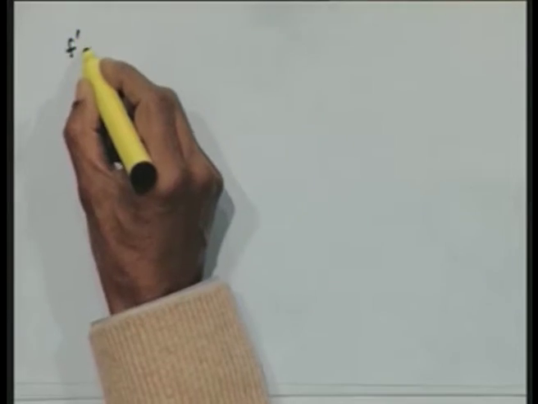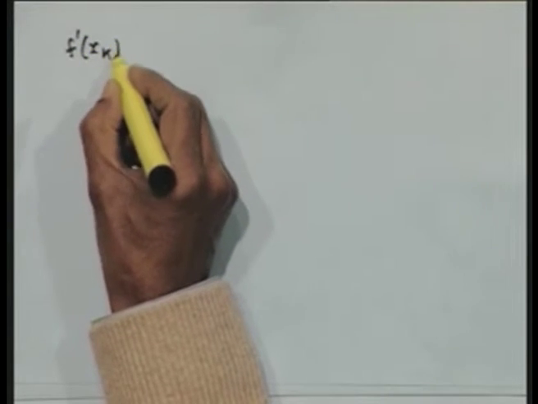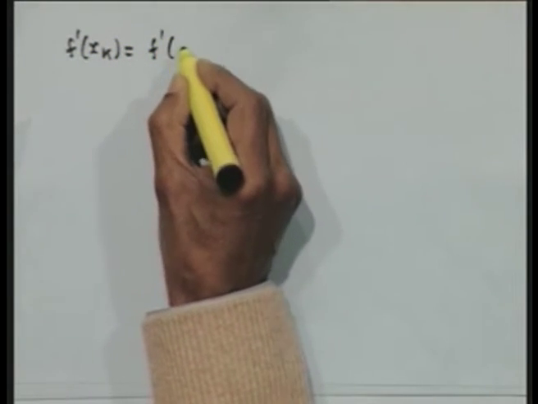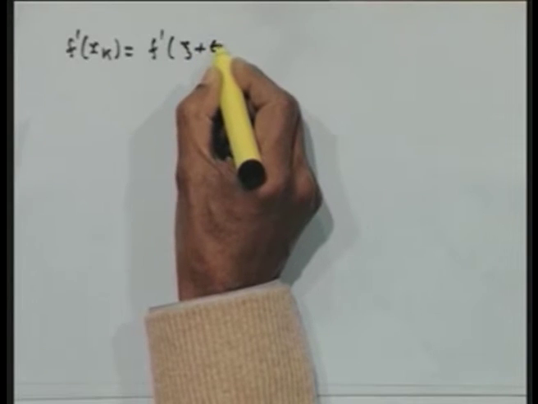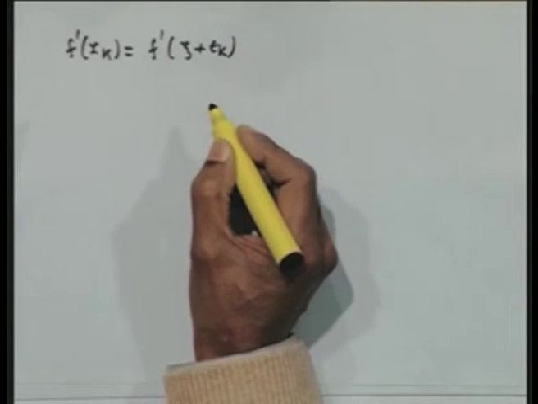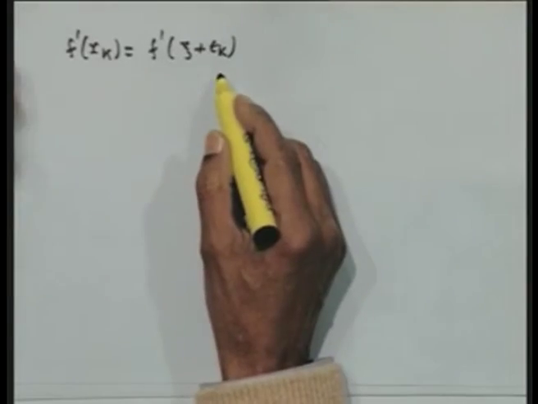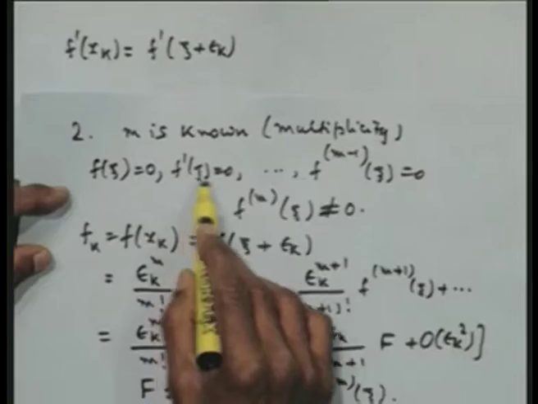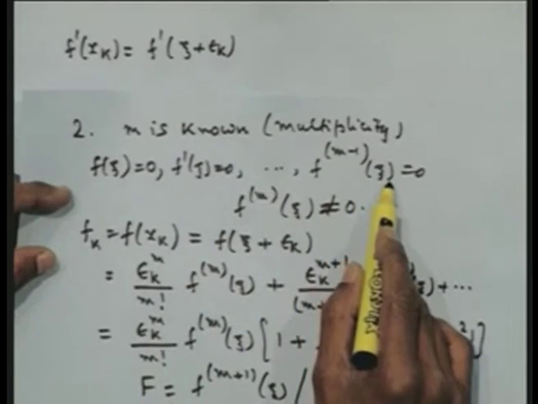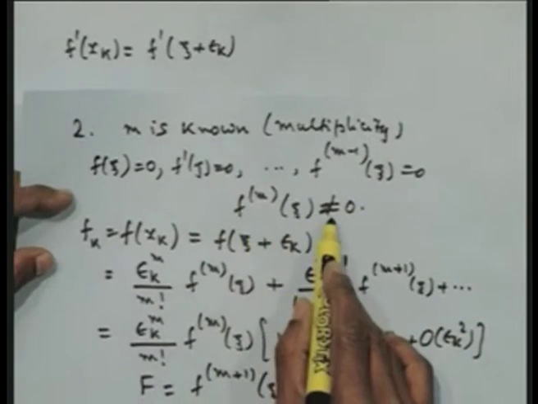Now, we would like to do the same thing for the denominator also. The denominator contains f prime of x k, so this is f prime of xi plus epsilon k. Now I again expand this by Taylor series. Again I would be using the information that all these derivatives are 0 up to the (m minus 1)th derivative, and the mth will be the non-vanishing term.